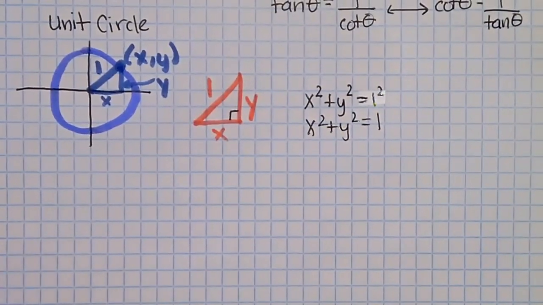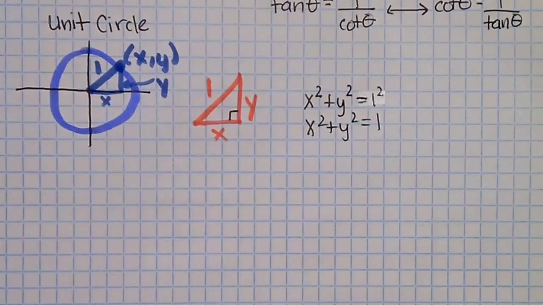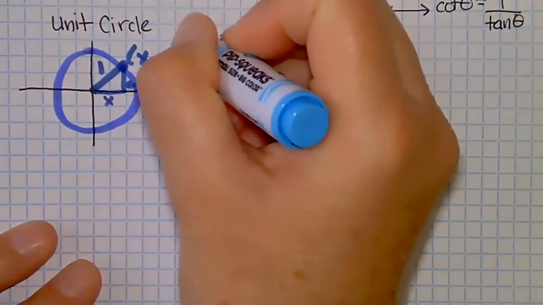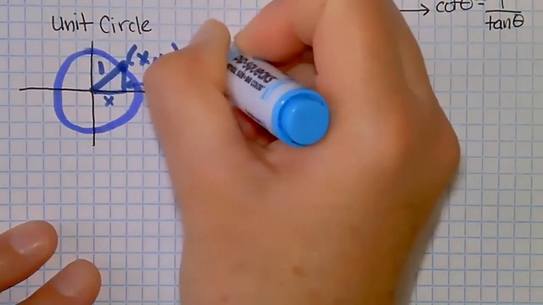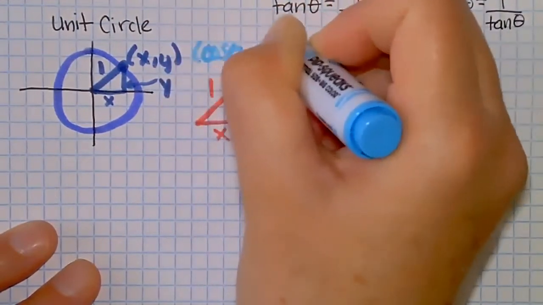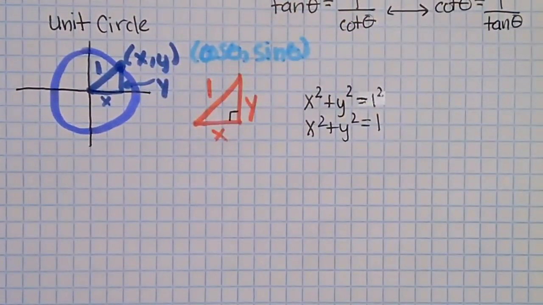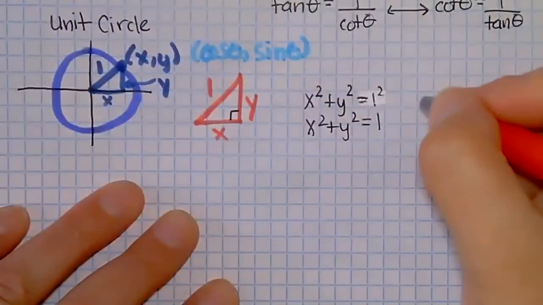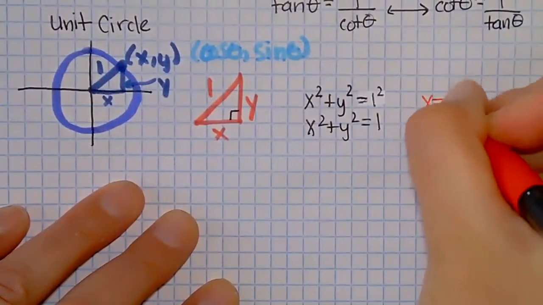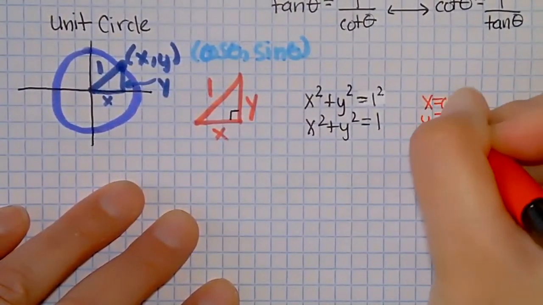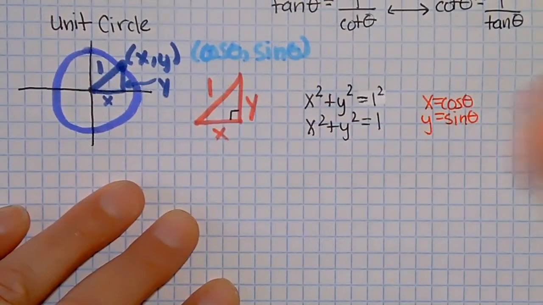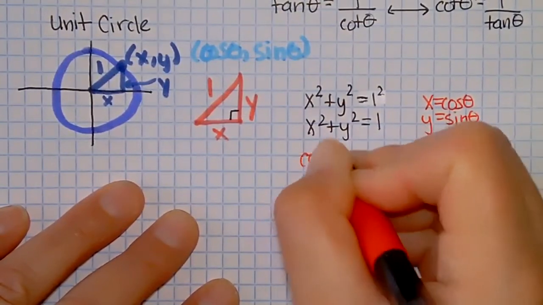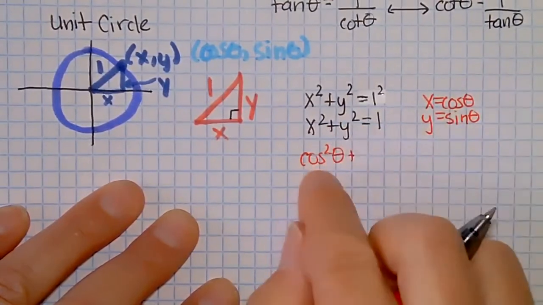Now, remember that these are actually coordinates. These coordinates really are your sine and your cosine. So this is really cosine theta, comma, sine theta. So I'll write it here. So remember, x is equal to our cosine theta. On a unit circle, y is equal to our sine theta. So this is going to be cosine squared theta plus sine squared theta, and notice where I put the square.